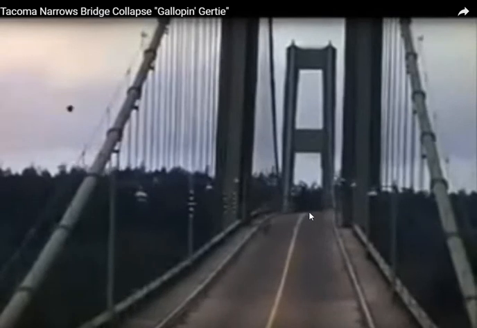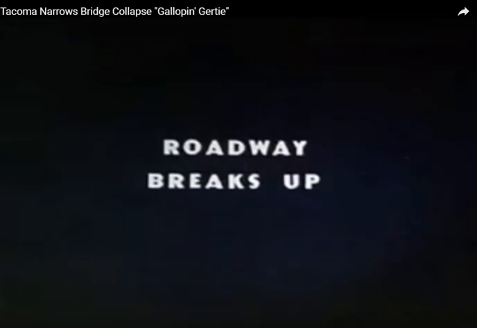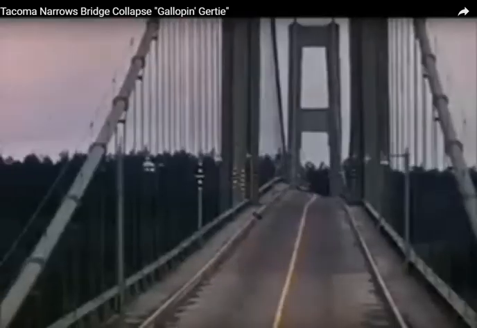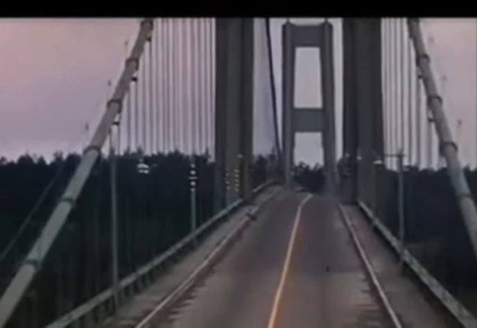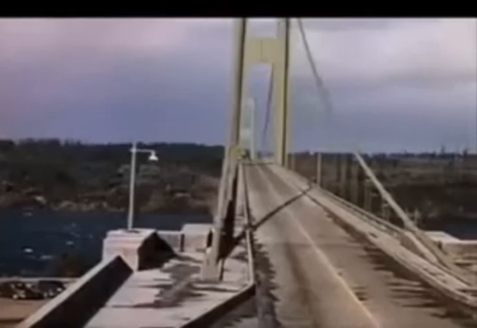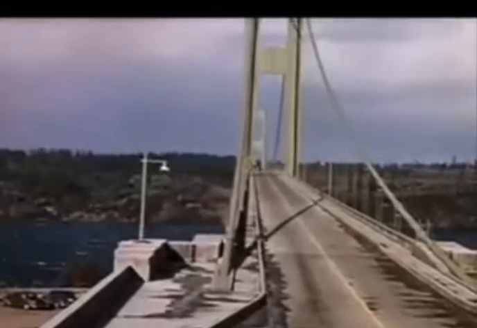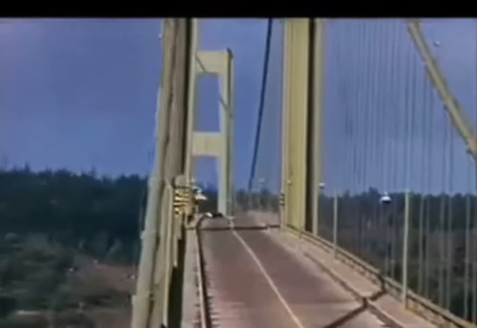Hard to see the car, it's right there. Oh, there's the car.